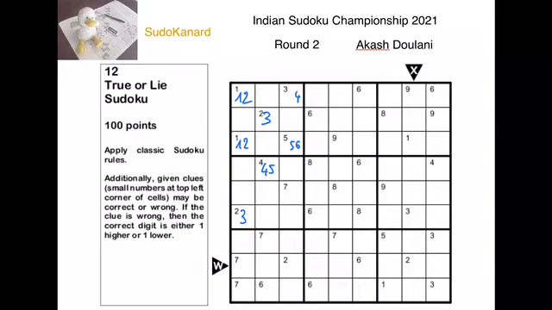So those 3 digits must be 7 or 1 more or 1 less, so they are a 6, 7, 8 triple, meaning that in this 3 by 3 block, the digits 6, 7, and 8 must go into those cells. So this can't be a 6 or 7 anymore. It has to be a 5.